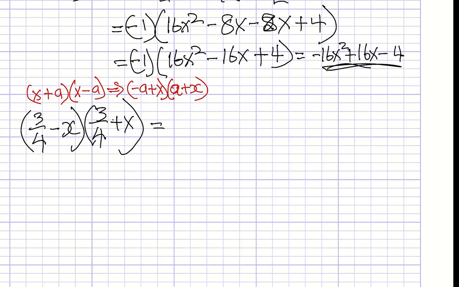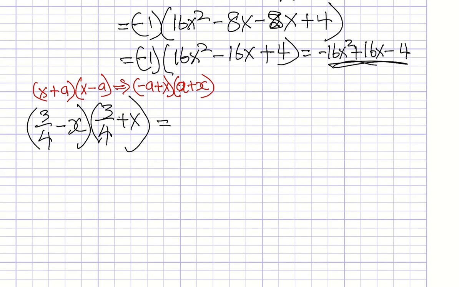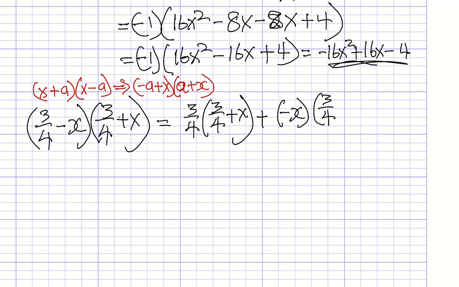So let's use expanded form. Whenever you have a fraction, use expanded form. You can say 3 over 4 multiplied by 3 over 4 plus x, and then you say negative x multiplied by 3 over 4 plus x, like that. You see what I did, right?